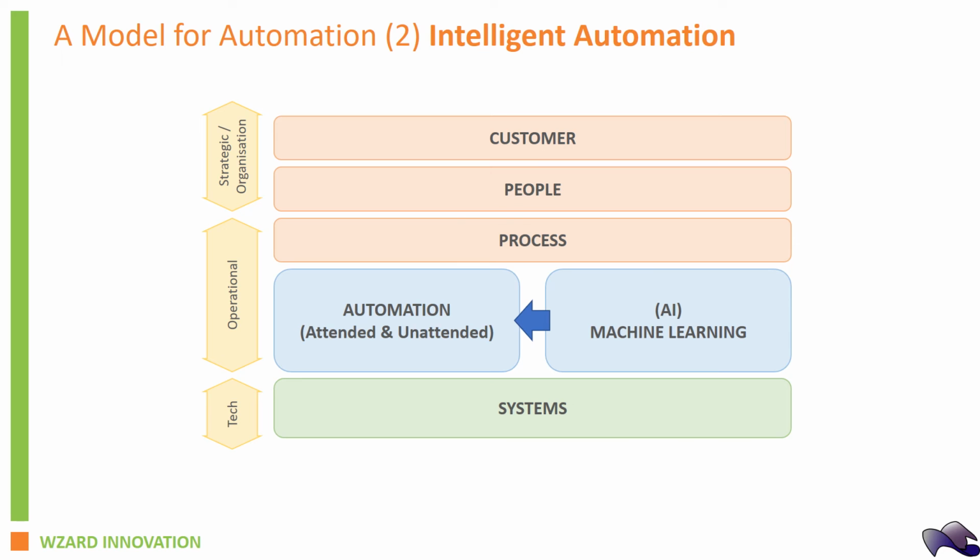Machine learning is now being used to drive more and more activity into that automation by taking unstructured data, creating some structure from it, and now triggering processes.